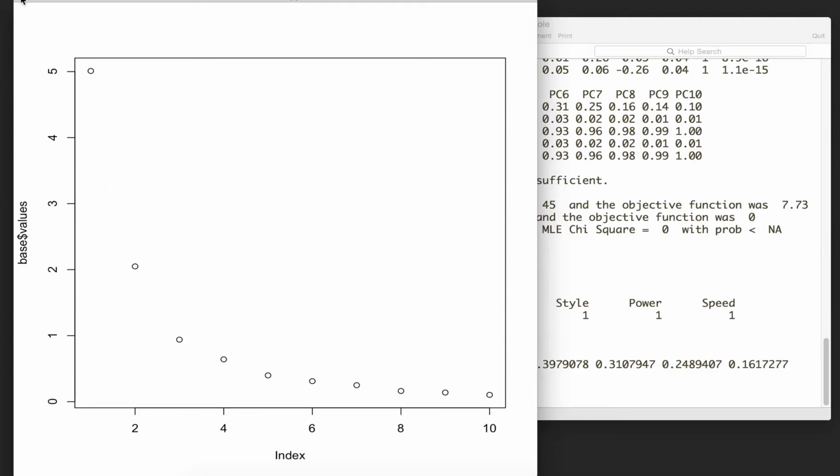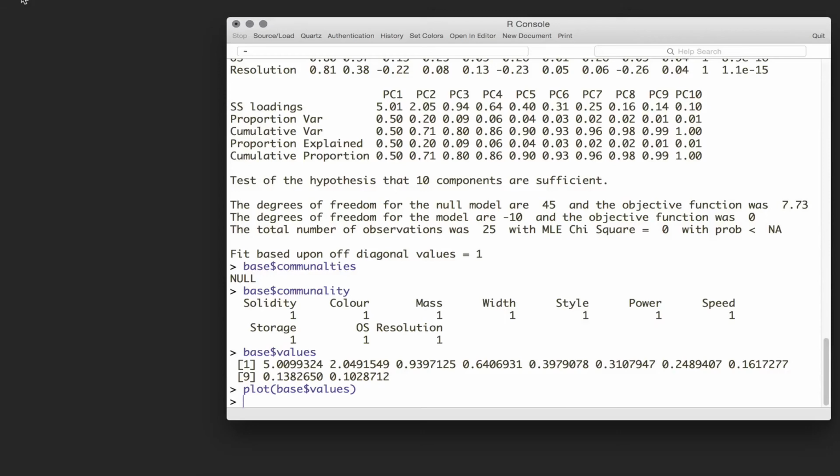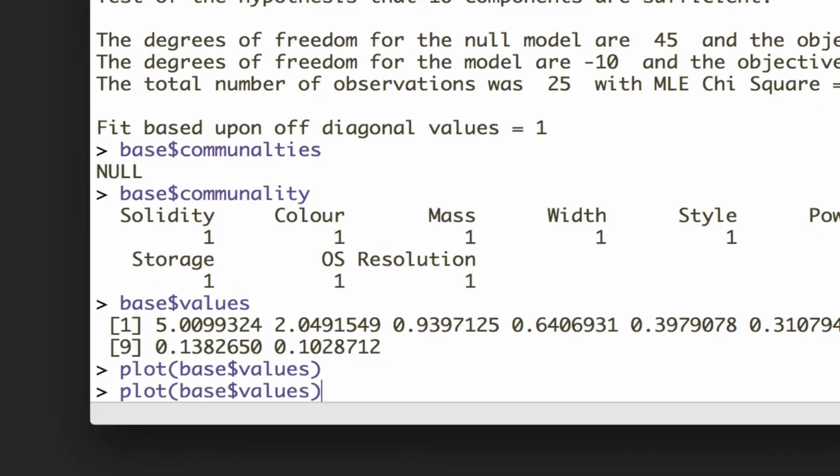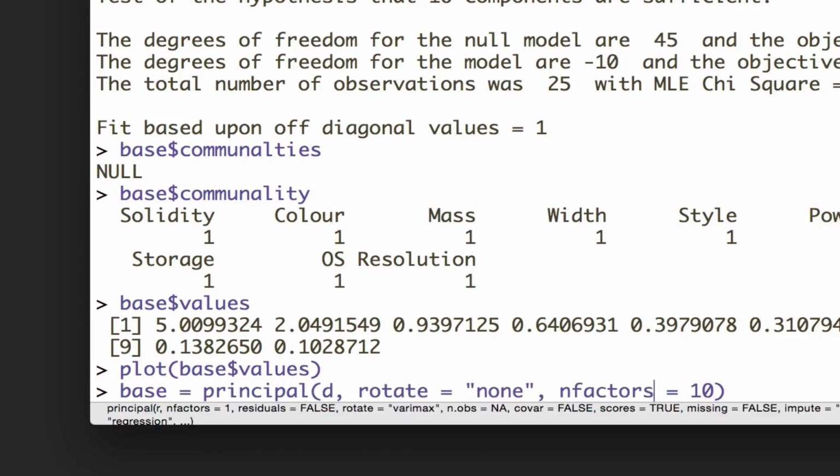So we've decided we're going to extract 2 factors. So to do that, we want to run another principal component analysis, but this time we're going to call it our model.